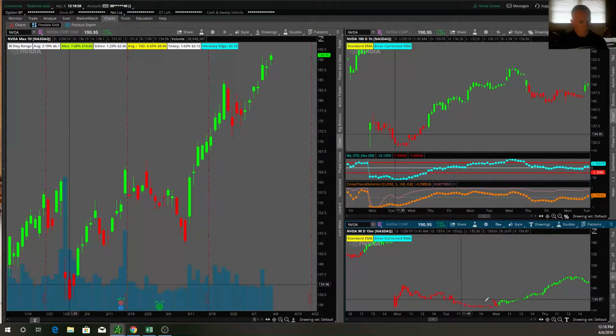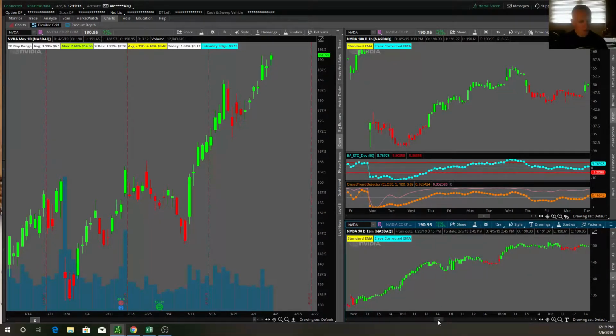All right, so that floor is holding right there. For me, I'm going to show you some trades on how you could probably get into a trade like that. But you've got green, red, green trades going on like crazy right there. Plenty of opportunities there to play NVIDIA.